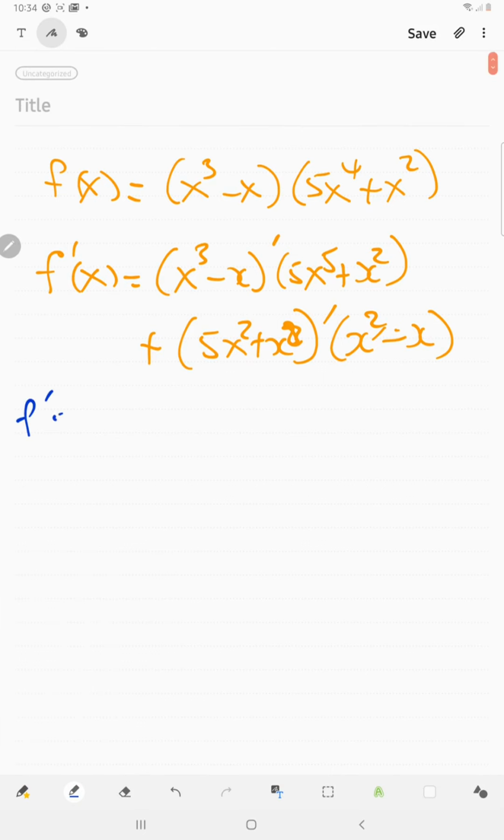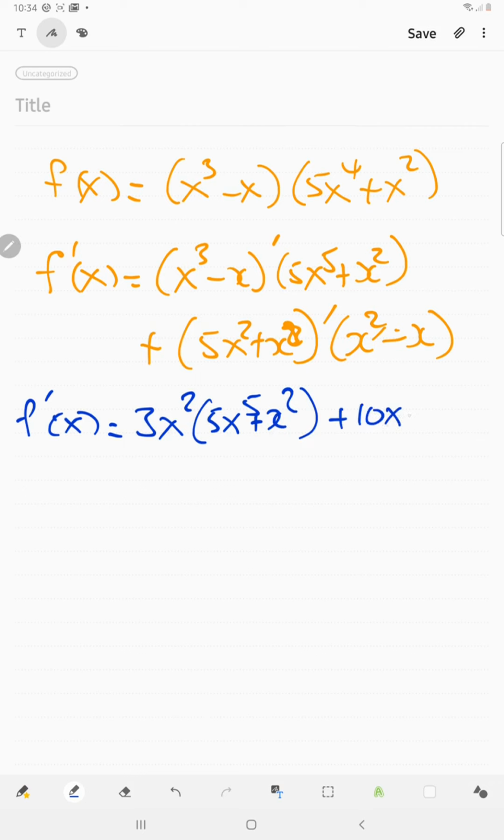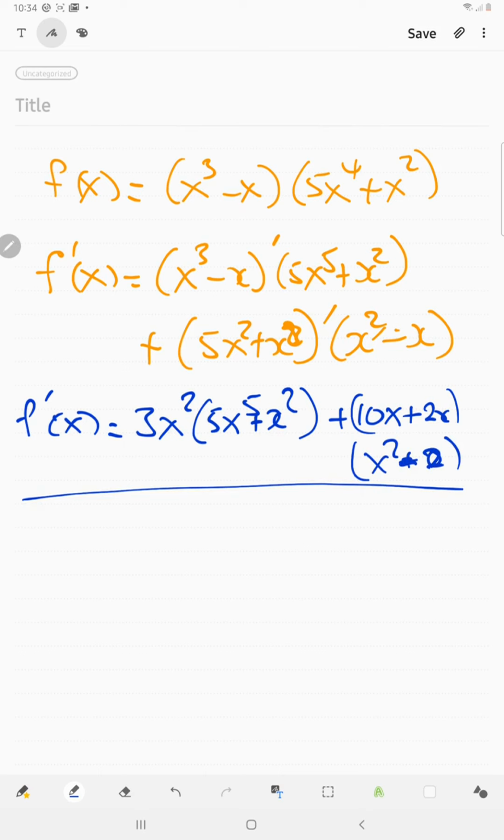So when going inside the equations, you can actually say this prime is equal to 3x squared times bracket 5x to the power 5 plus x to the power 2, and then plus 10x plus 2x, and then this one you can multiply with this other one, and the rest you can simplify and then determine the value for that, and the like terms are taken together, so that in the process you have f prime x is equal to 35x squared minus 20x to the power 4 minus 3x to the power 2.